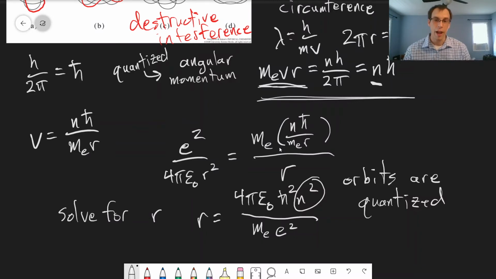It has to go at specific distances from the nucleus, because there's this integer that shows up, this n squared. So n can only be equal to 1, 2, 3, 4. You can't have a half or anything like that. And so according to Bohr's model, the electron can only go at specific distances.